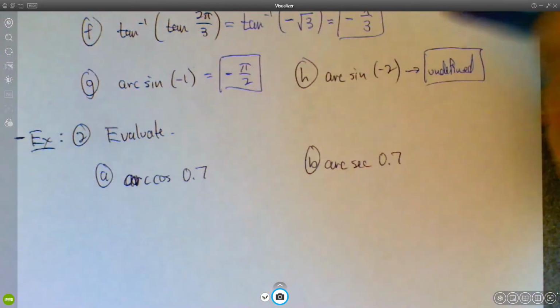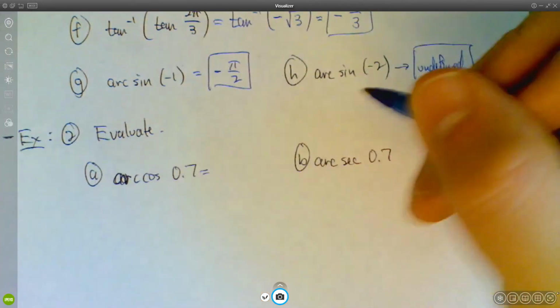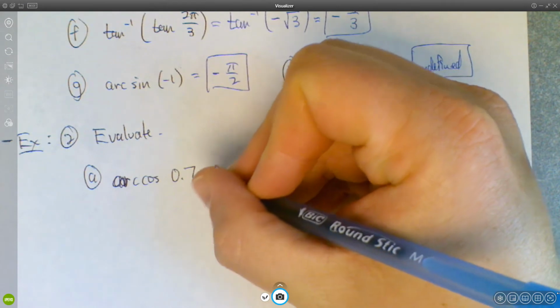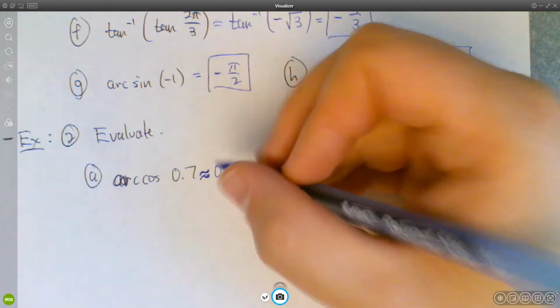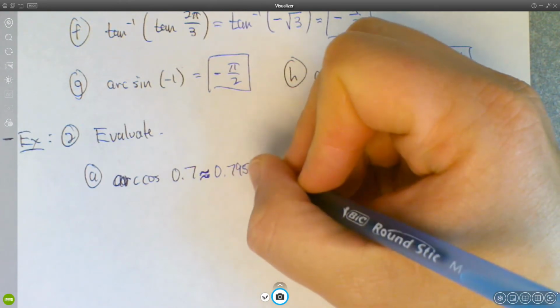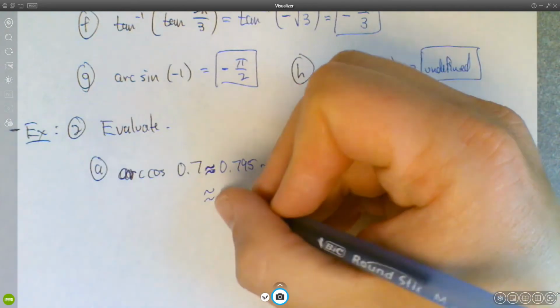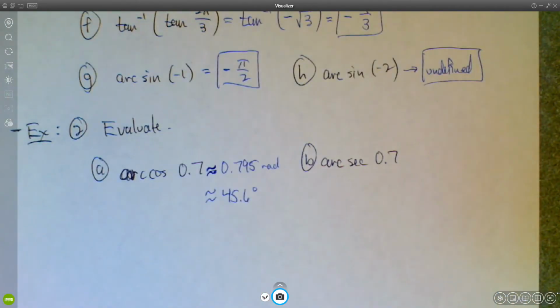Okay, so arc cosine of 0.7 in radians would be approximately 0.795 radians. In degrees, this would be about 45.6 degrees.